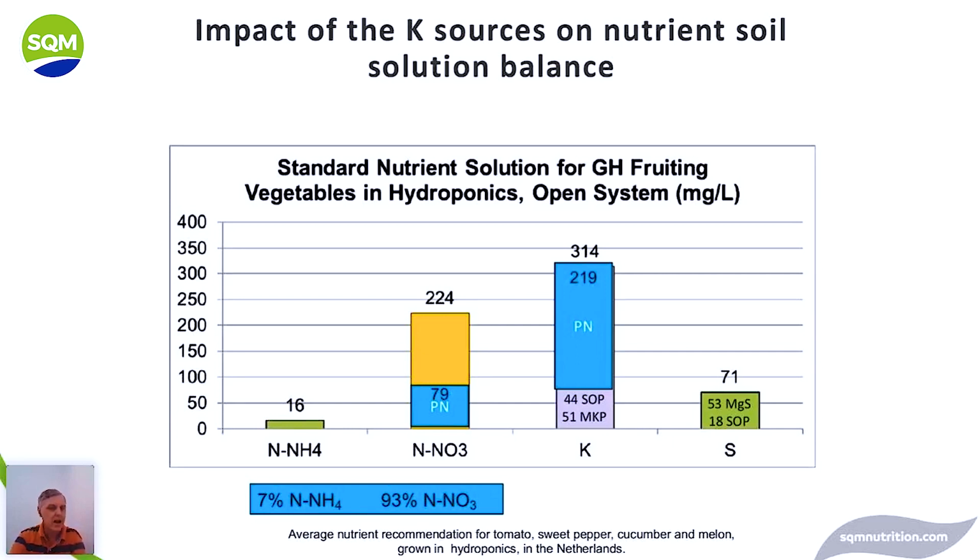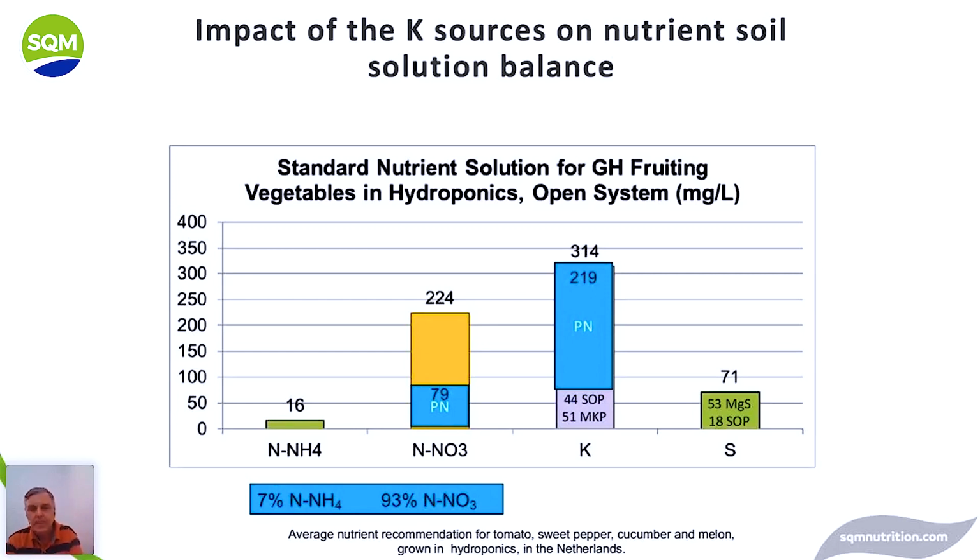That means a hydroponic system, but it's a similar concept: when the fertilizers are dissolved and the minerals are present in the nutrient solution, in soil it is the same concept. Just to exemplify the effect of the source that we decide to use on the balance of minerals in soil. These numbers are all milligrams per liter, as you can see.